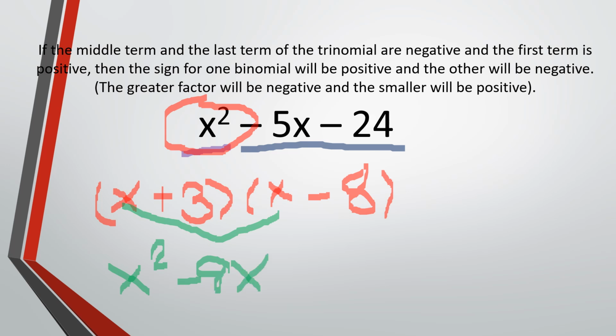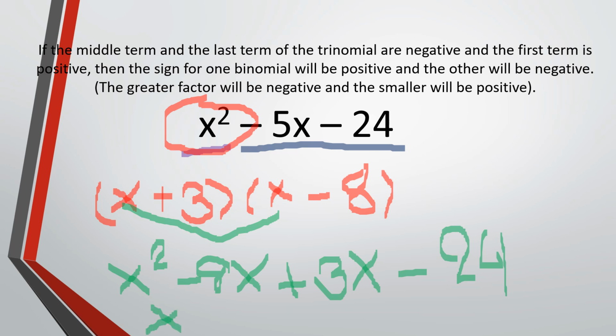If you have positive 3 times x, the answer here is positive 3x. If you have positive 3 multiplied by negative 8, the answer is negative 24.